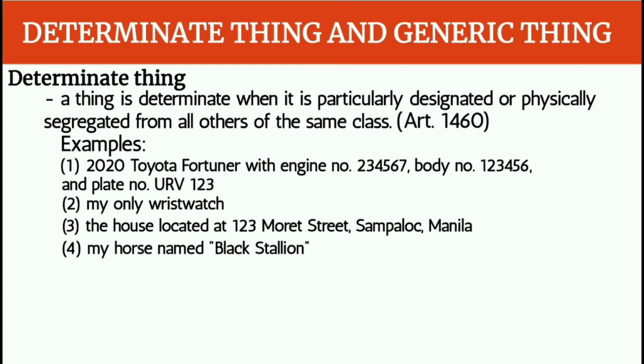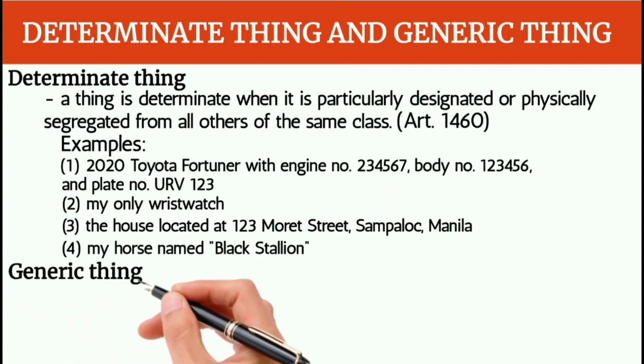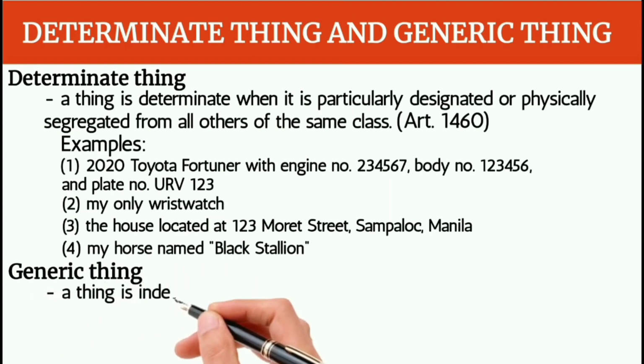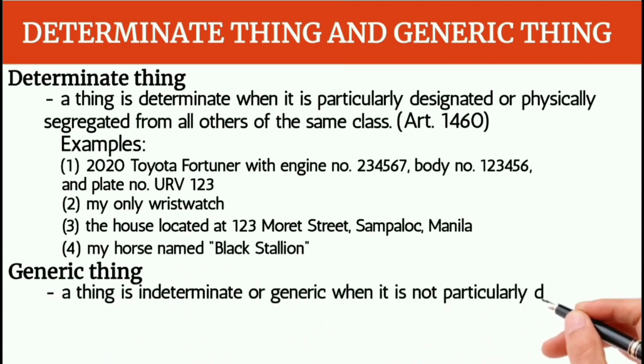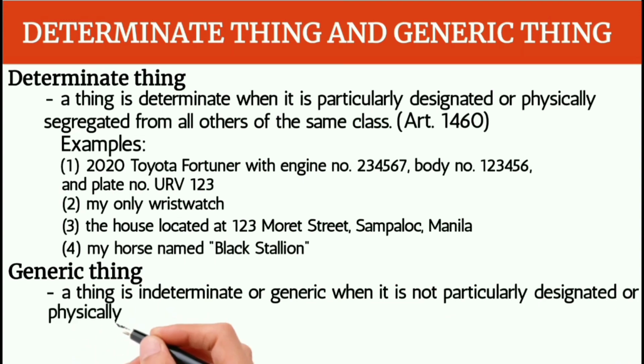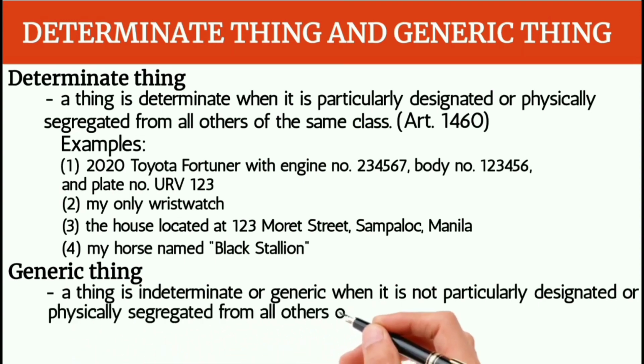On the other hand, kapag sinabi namang generic thing, a thing is indeterminate or generic when it is not particularly designated or physically segregated from all others of the same class. That means ito yung kabaliktaran ng determinate thing.